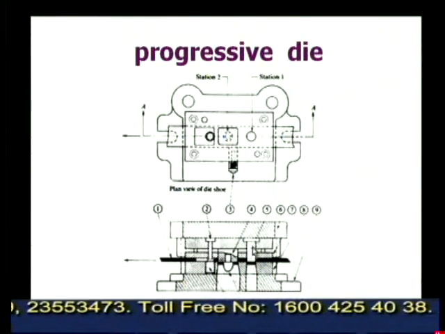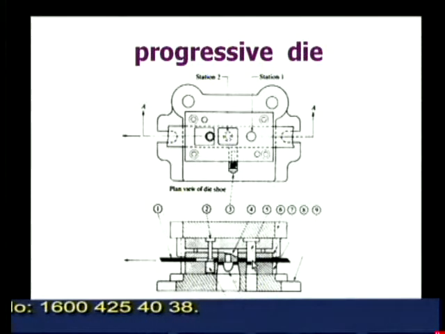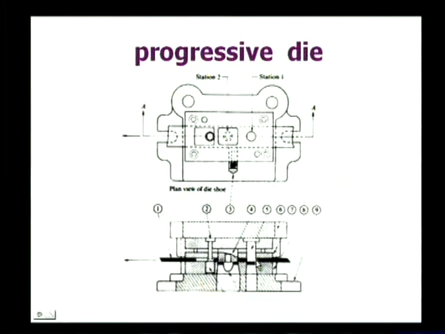This is one punch where the first hole is manufactured, and it is moved to the next station where exactly this locating pin locates the workpiece properly, and this punch punches and blanks the component. So thus two operations are completed in two different stations.